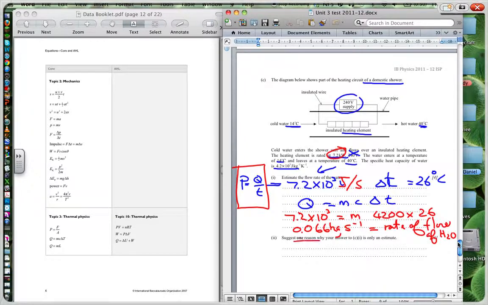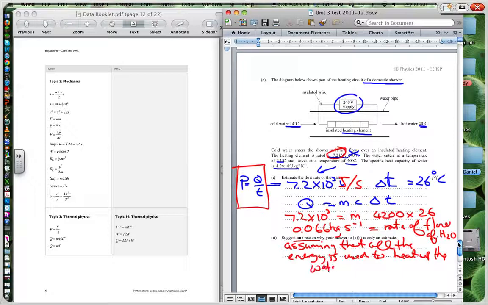Suggest one reason why your answer to C1 is only an estimate. Well, the most obvious one there is that we are assuming that all the energy is used to heat up the water.